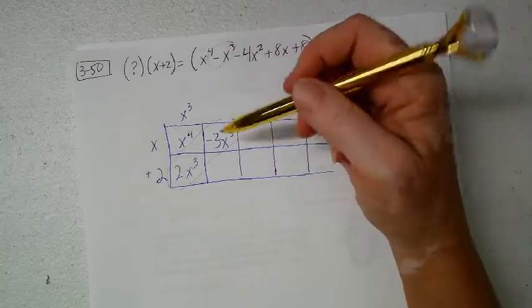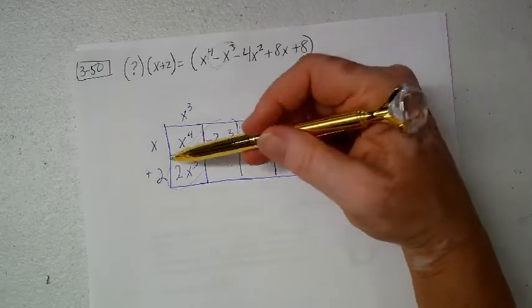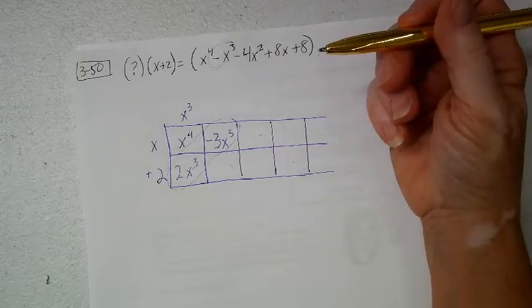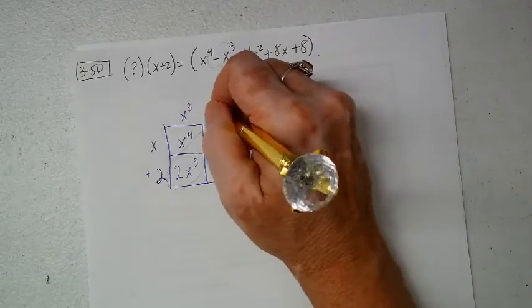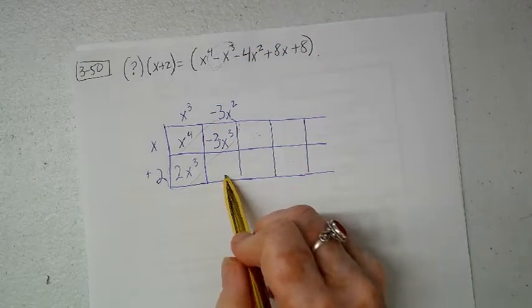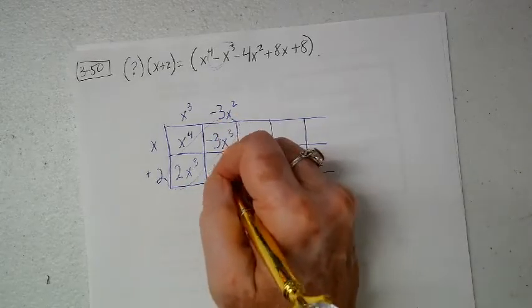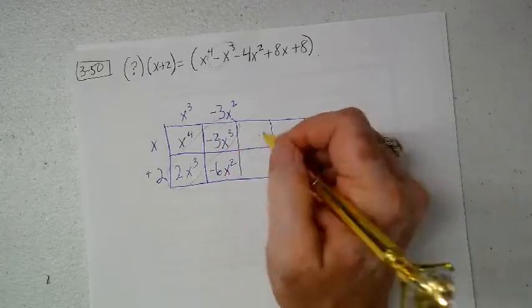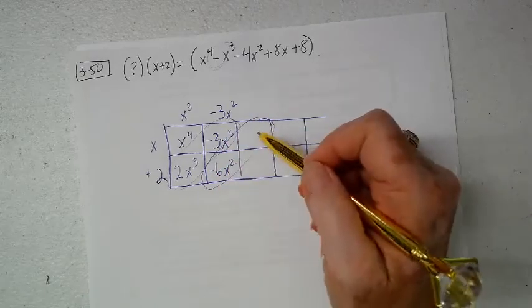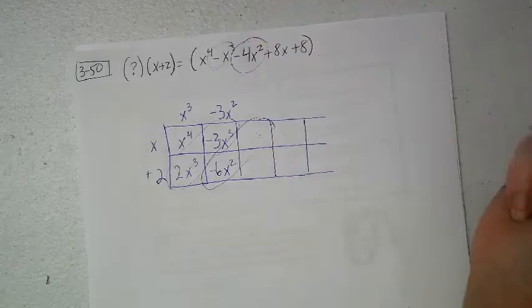Now that I have this up here, I can figure out what goes here, because x times something equals negative 3x cubed. So x times negative 3x squared. Then I can fill this box in, because this has to be 2 times negative 3x squared. And this box plus this box has to add up to negative 4x squared.